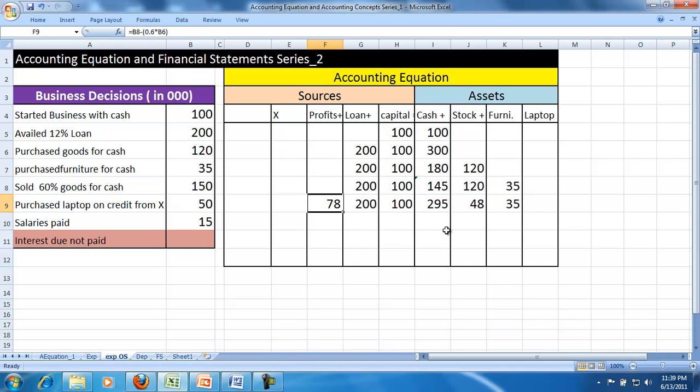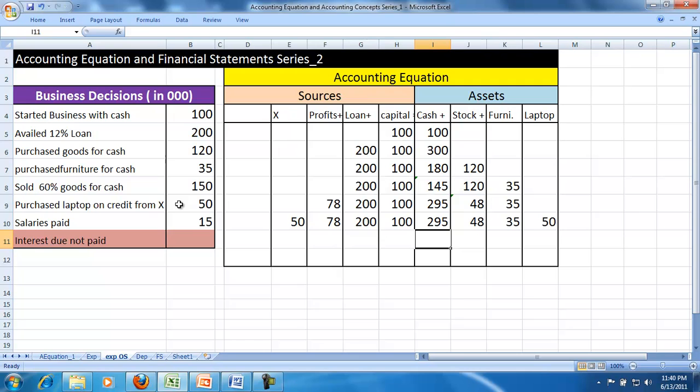We purchased a laptop, and the laptop is 50. There is no change in stock, and no change in cash because I'm purchasing it on credit, and no change in loan, no change in profit. And now suppose I pay the salary.